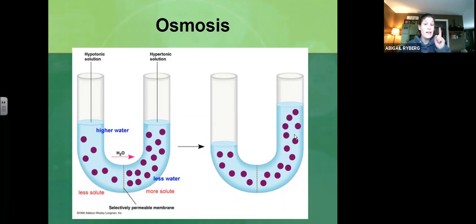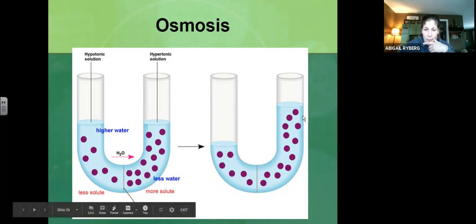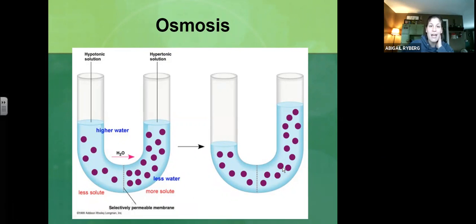And it's because the right side took on more water molecules. So what we see happen, you guys, is actually the water molecules want to reach equilibrium so bad that they actually defy gravity, and they actually can move through the membrane until equilibrium is reached, until the same concentration is on the left side of the membrane as the right side. Pretty amazing.